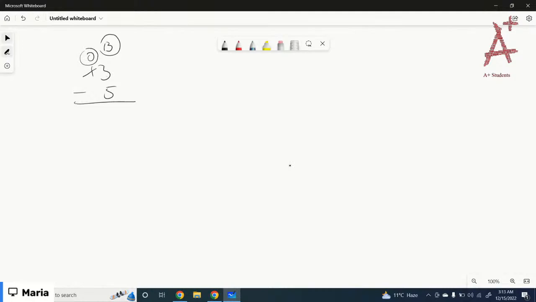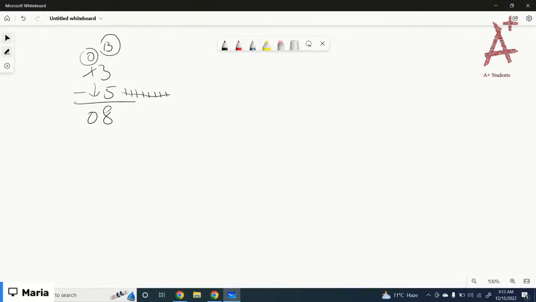So 13 take away 5 is 5, 6, 7, 8, 9, 10, 11, 12, 13. Just count the lines. 1, 2, 3, 4, 5, 6, 7, 8. So 13 take away 5 is 8. And here you have 0. Just write 0 as it is.